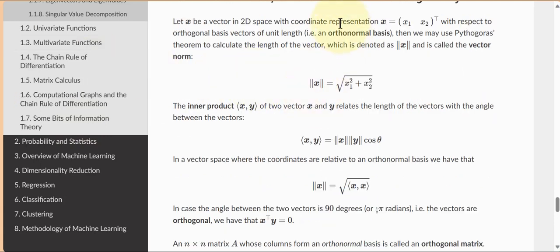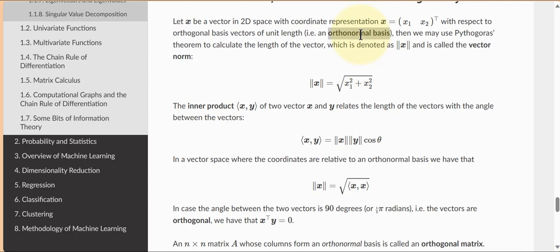And by the way, here they're using this word, orthonormal basis. We've talked about the fact that basis vectors don't have to be perpendicular, but if they are perpendicular, they're called orthonormal. Actually, I believe orthonormal means that they're perpendicular and have unit length.